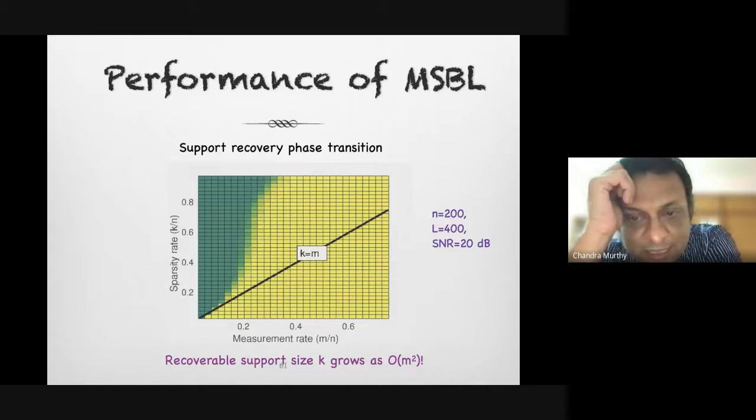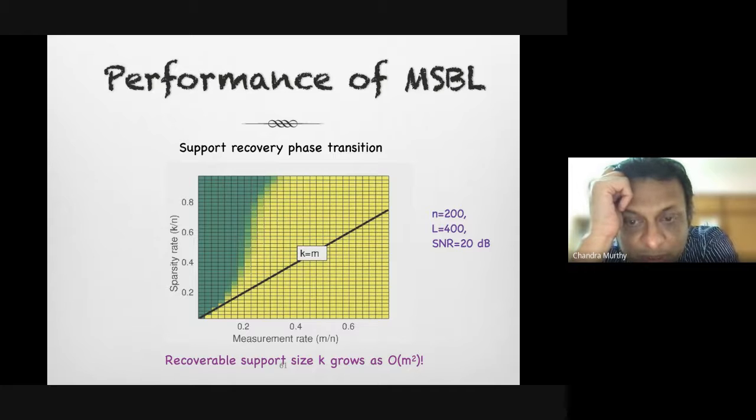And this again is a recapitulation of the support recovery phase transition of this multiple sparse Bayesian learning algorithm. And again, the point here is to note that you're able to recover the support. The yellow part is successful recovery, the green part is failure. And you're able to recover the support for k being greater than m.